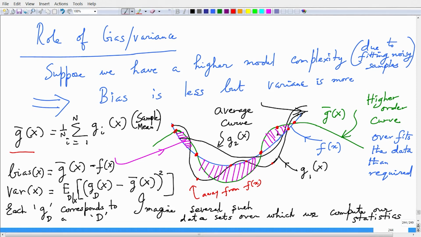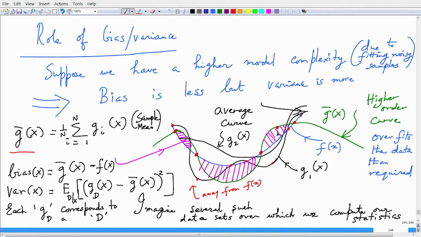At this point you may wonder, would I have to do the sample mean or do this statistical average over a distribution of these curves. We will talk about this expectation towards the later part of this lecture, but assume at the moment G bar is computed using the sample mean, but there is no hard and fast rule. You could do the expectation over all the data sets and you can compute the average that way.